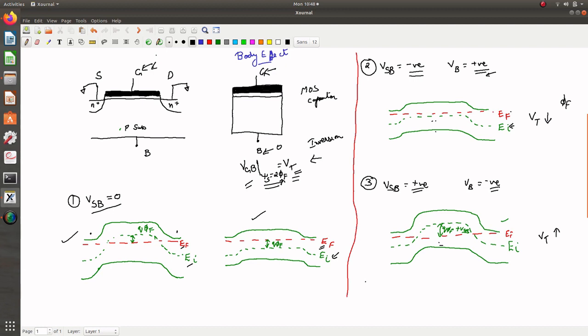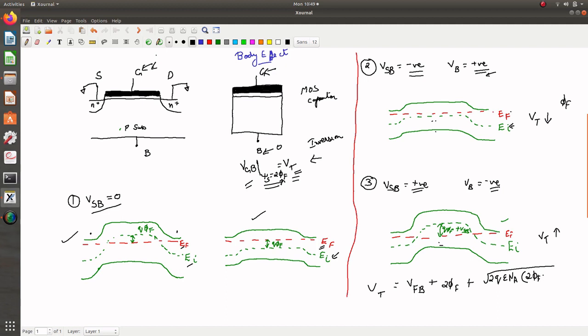This can be mathematically written as the threshold voltage Vt is equal to VFB, which is the flat band voltage considering all non-idealities, plus 2 phi f, which is the voltage that you have to bring it down, plus root of 2 q epsilon, the permittivity of the semiconductor, Na into 2 phi f plus VSB, divided by the capacitance COX dash.